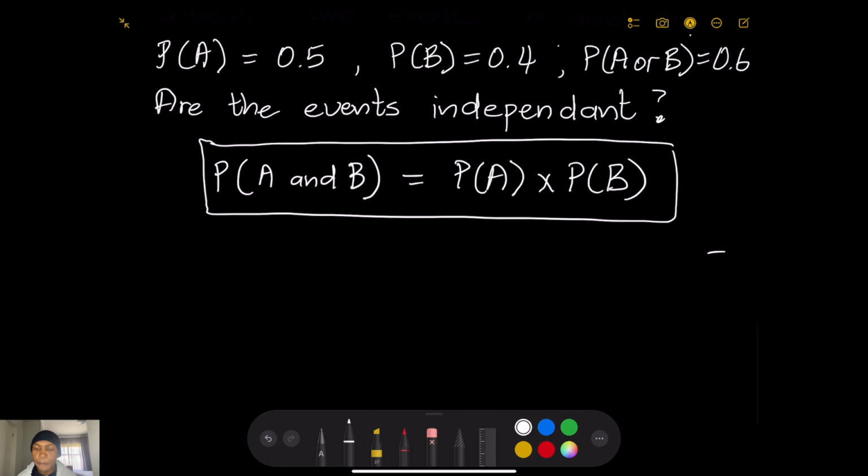So let's do that. How would we find the probability of A and B? We can use the general formula.